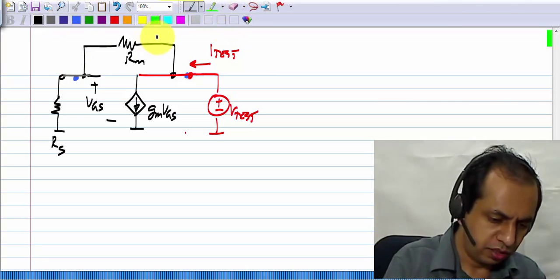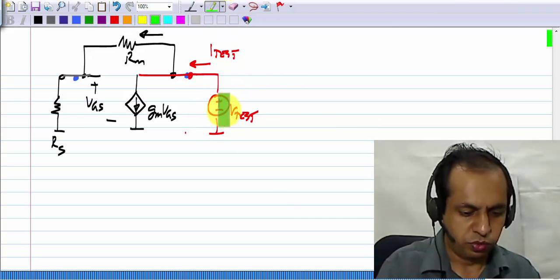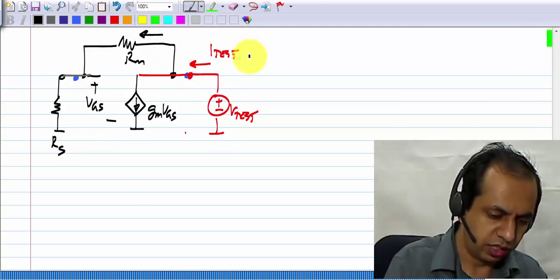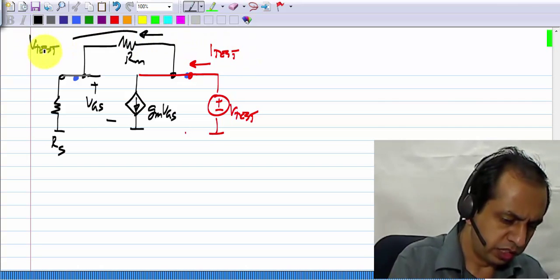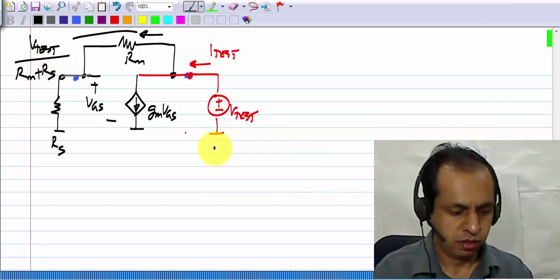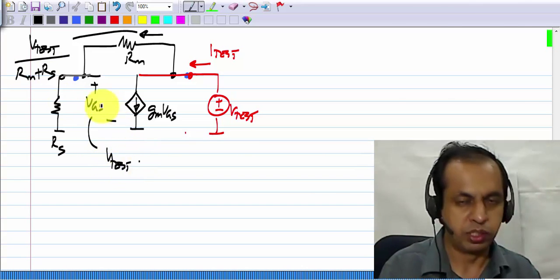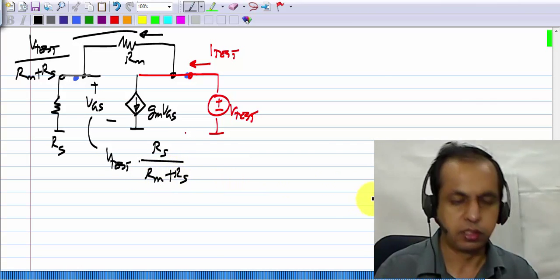You can see that the current that flows here equals this voltage divided by the total resistance. So this current will be V test by Rm plus Rs. This VGS will be V test times the divider ratio Rs by Rm plus Rs.